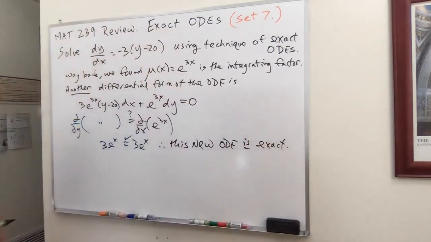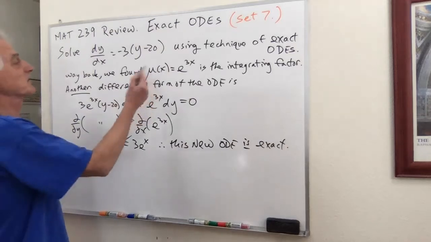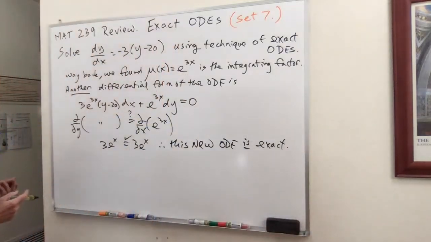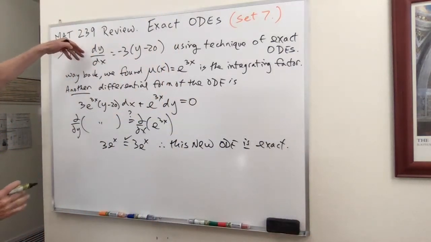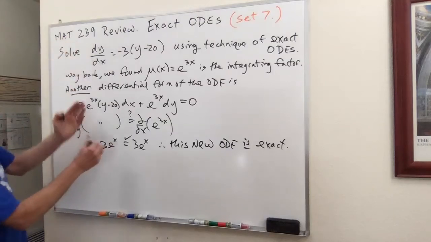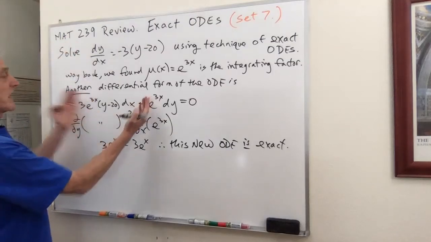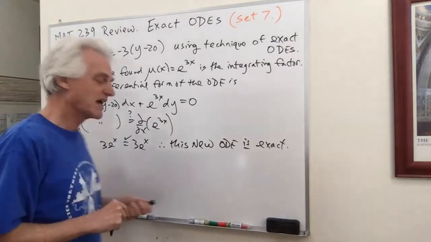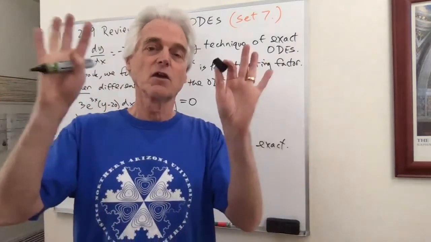Now that's another way of thinking of what this magic factor, this integrating factor mu is. It's the thing that I have to multiply the previous form, without the e to the 3x, by to make it exact. And how did I come up with it? Well, don't worry about it.